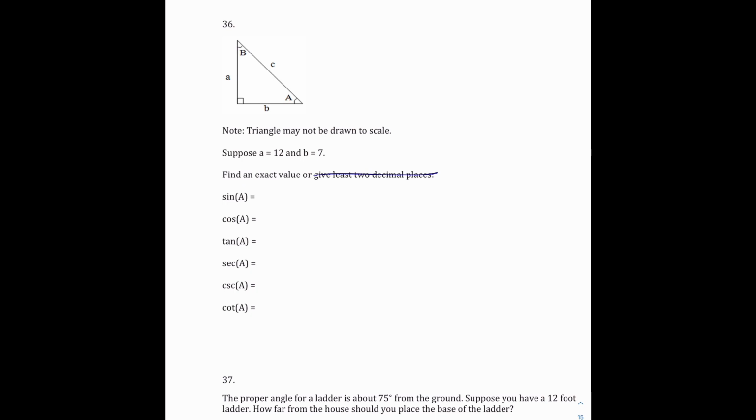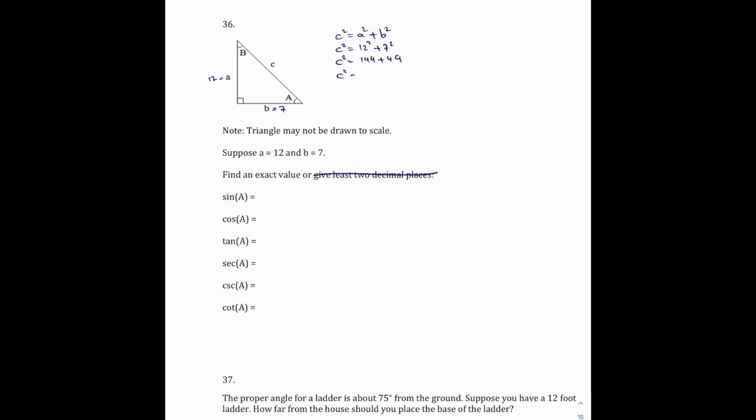So we have side B is 7 and we have side A is equal to 12, which means to find C, we're going to use the Pythagorean theorem. So C squared equals A squared plus B squared. C squared equals 12 squared plus 7 squared. C squared is equal to 144 plus 49.